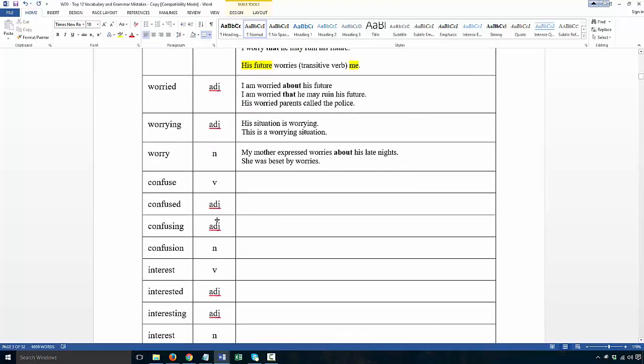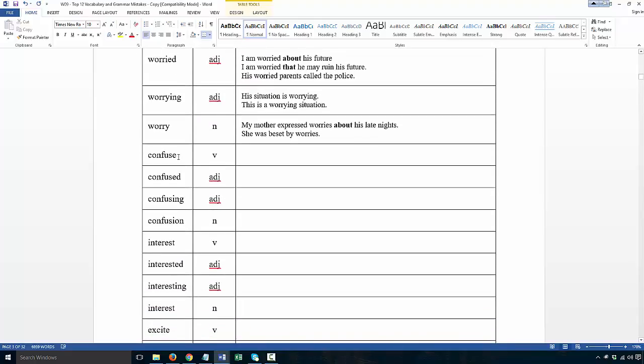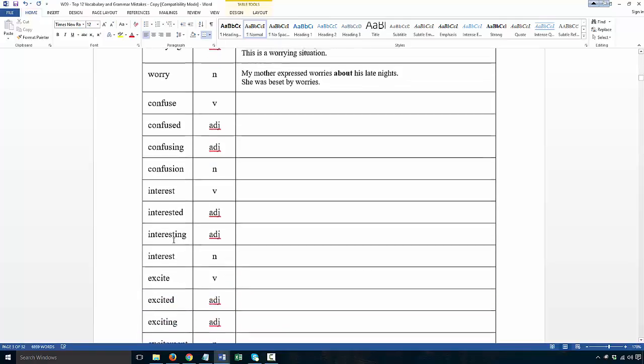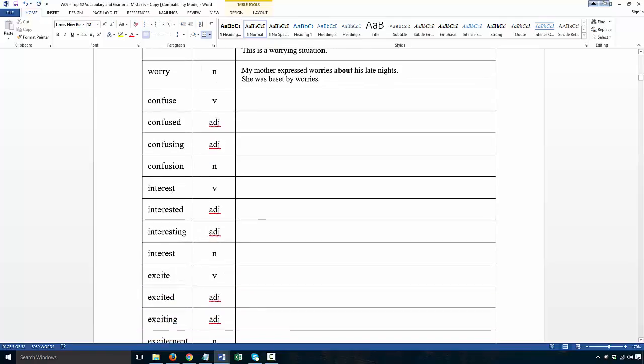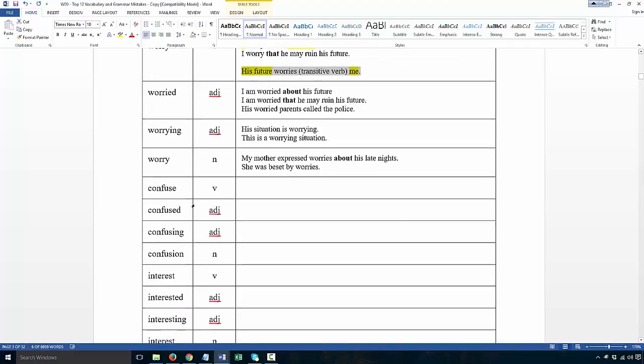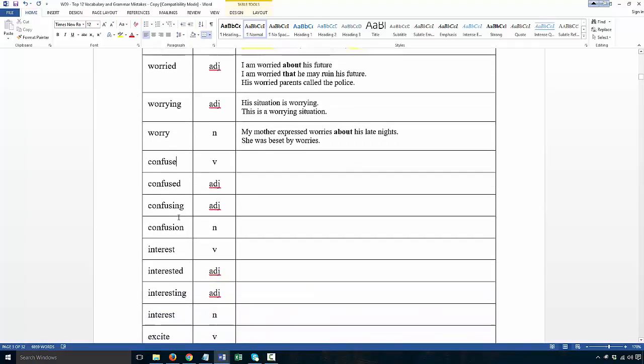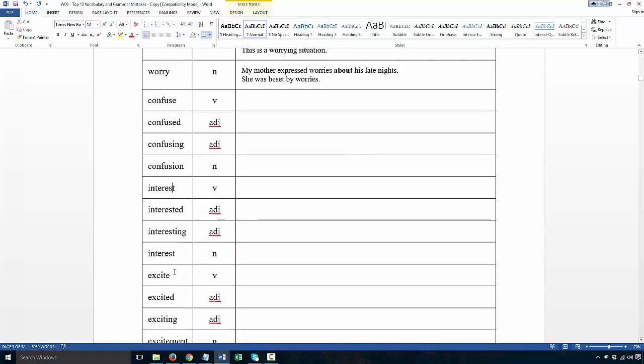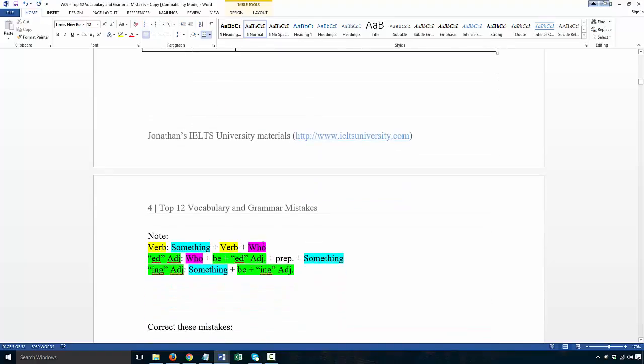Now, as for confuse, interest, and excite, for the verb, it's going to be using this method, which means something confuses someone, something interests someone, something excites someone, which is basically what I showed here.